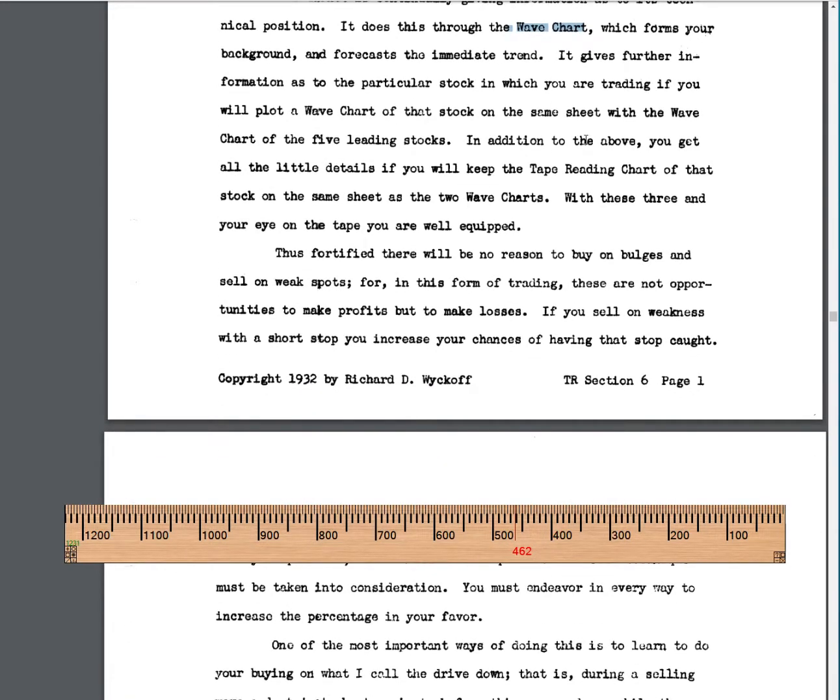What charts do you need? There are a couple of charts. You need the wave chart of the market. You need the wave chart of your stock. You need the tape reading chart of your stock. And you're supposed to have the ticker tape, which is basically your time and sales.